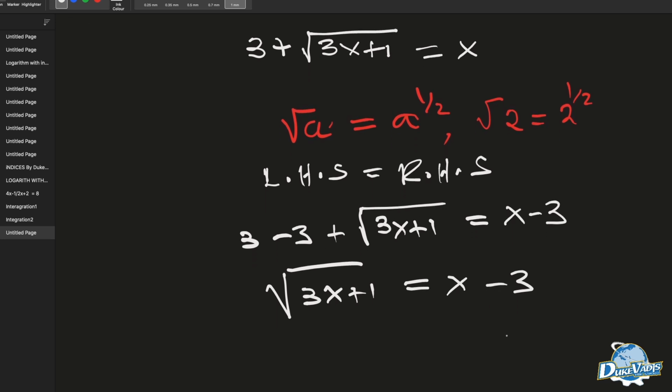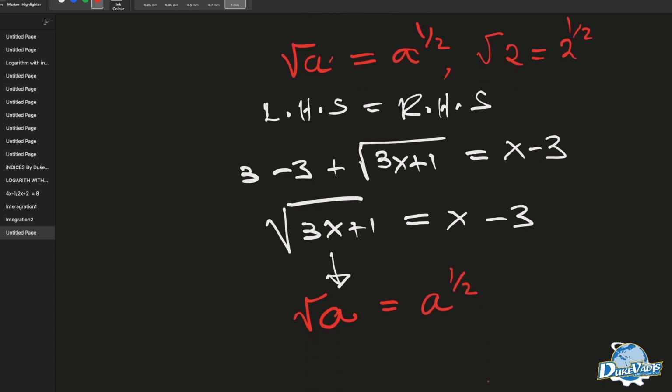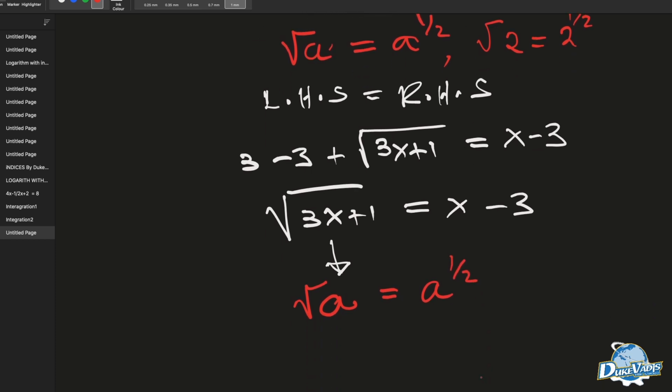Beautiful. So what we can do now is apply what we saw earlier: this is the same as the square root of that, and this we know is A raised to the power half. So let's apply this to our question.